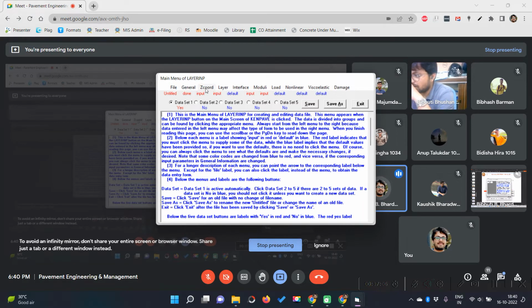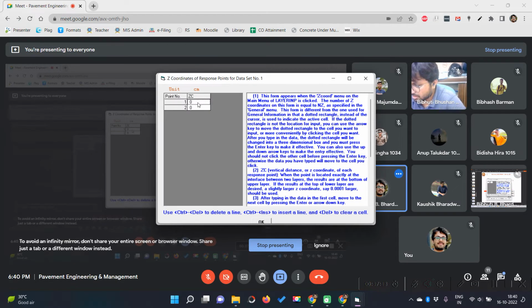Okay, so now under Z coordinate you are seeing one option, input, right? So click on that. So here in the first one you write down 15, in the second one you write down 60.001. Because why?